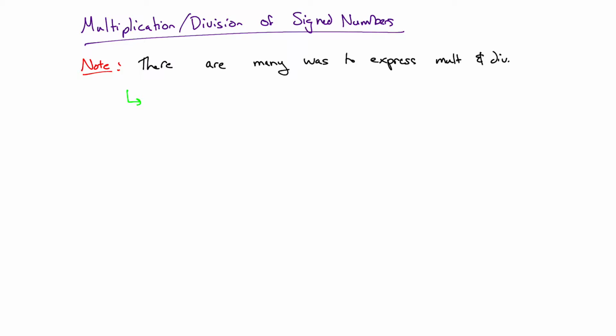So 4, and then if you draw a little tiny x and then say 6, or if you do parentheses 4 times parentheses 6, or if you do 4 and then parentheses 6, or if you do 4 and then a little dot and 6, all of these are the same. They mean the same thing.